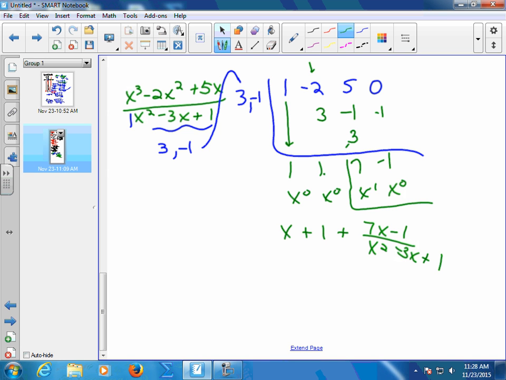Okay? Everybody good with that? All right. I usually put these in parentheses. I always leave it a plus. Even if you have a negative sign there, just put the plus.